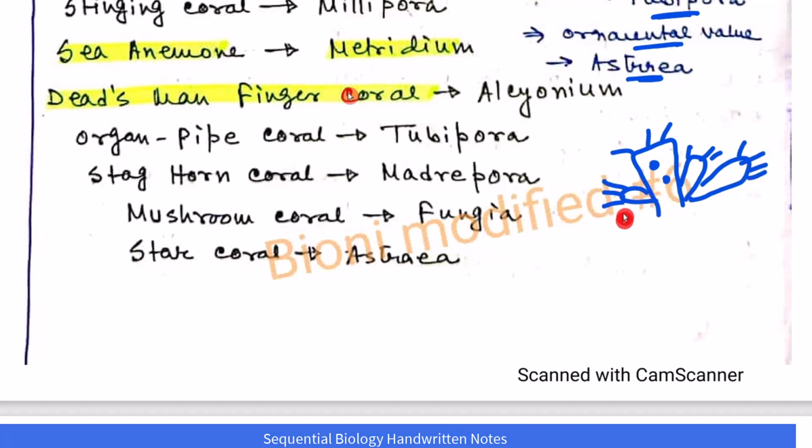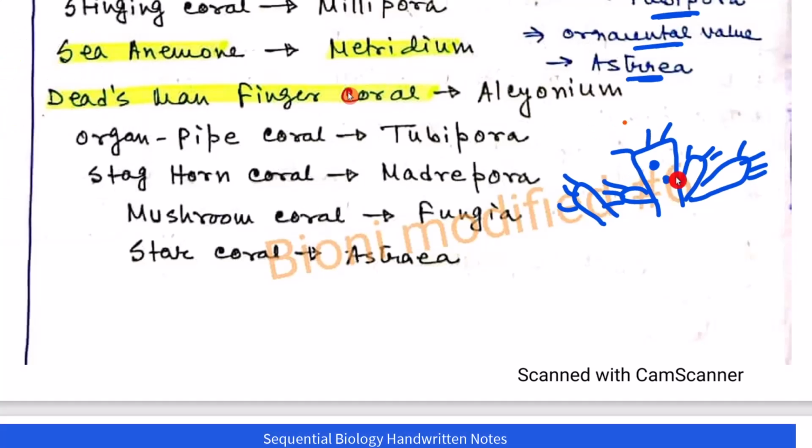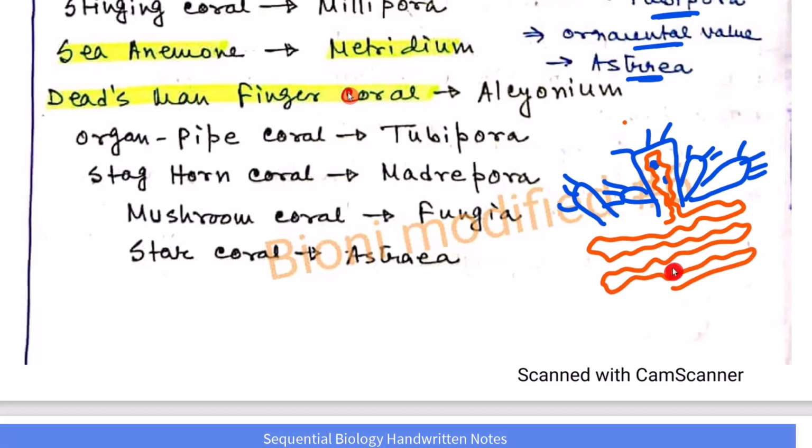Different types of polyps are formed and they form the colony, and these colonial polyps also capture calcium from the zooxanthellae and the seawater, and deposit their skeleton. Usually they are under the seawater, but due to deposition of the skeleton they are exposed from the seawater, and they form the coral reef.